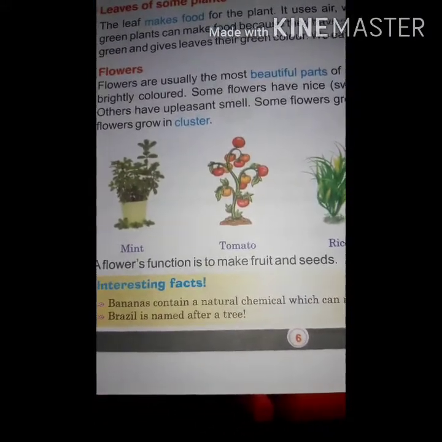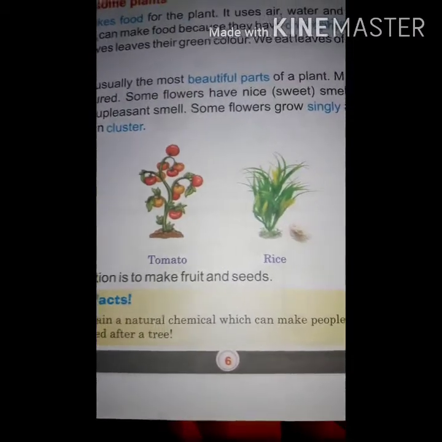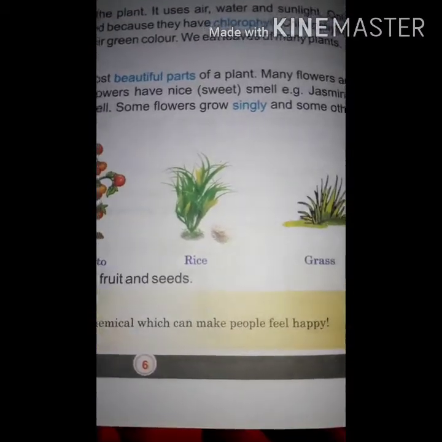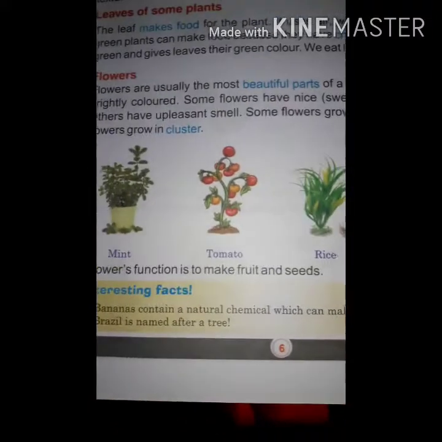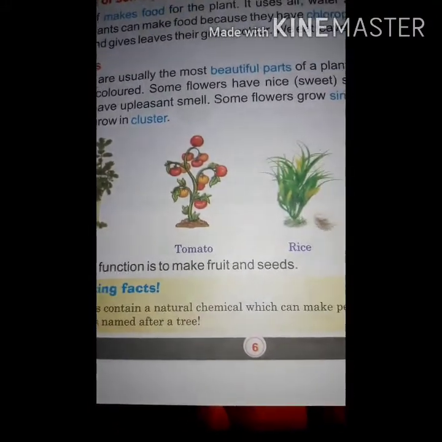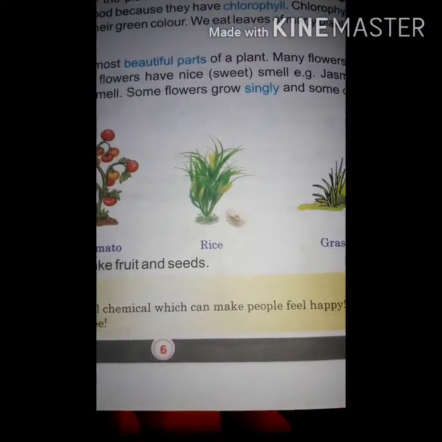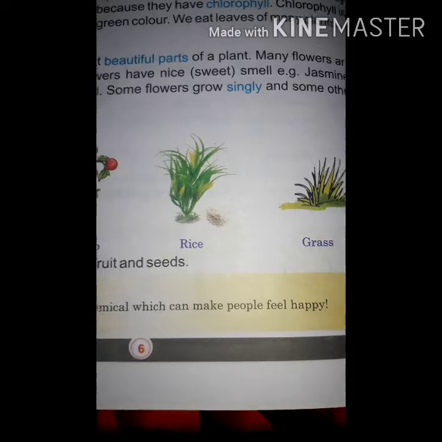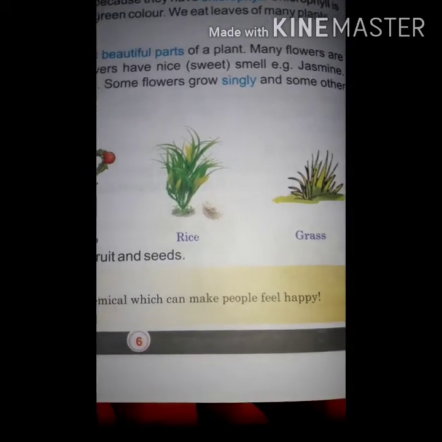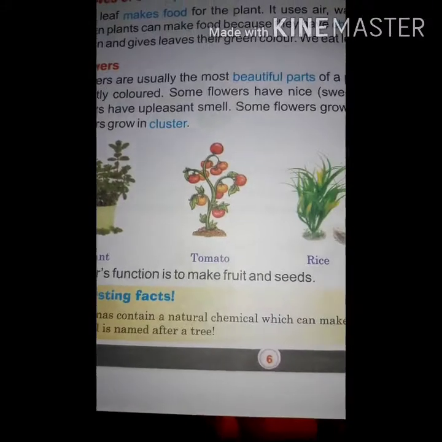Flowers. The next part is flower. Flowers are usually the most beautiful part of the plant. Many flowers are brightly colored. Some flowers have a nice smell, e.g., for example, jasmine. Others have an unpleasant smell.